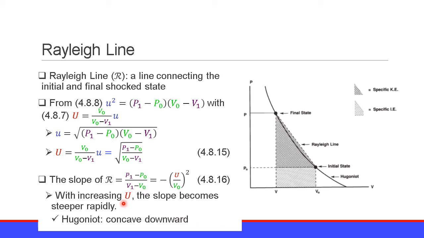Therefore, with increasing shock velocity U, the slope becomes steeper rapidly. Therefore, the Hugoniot is curved downward.